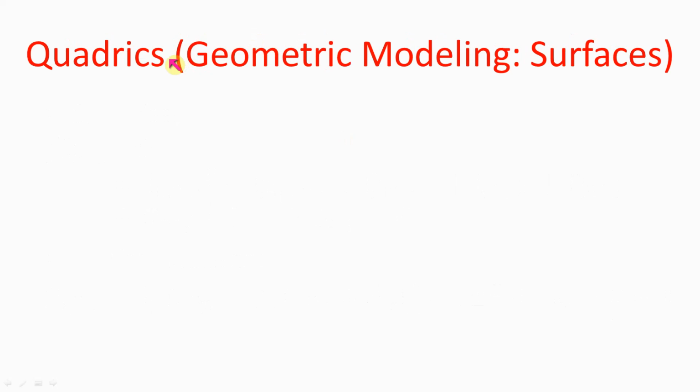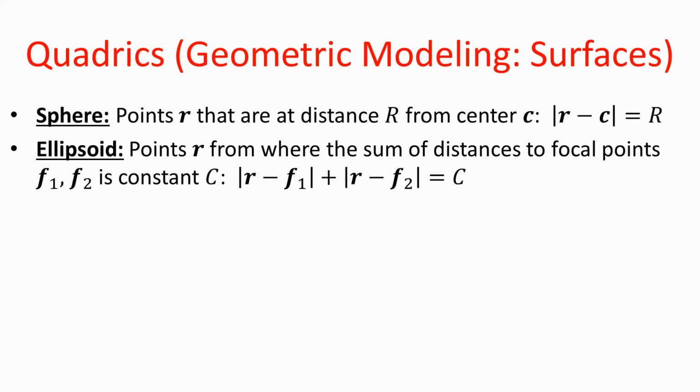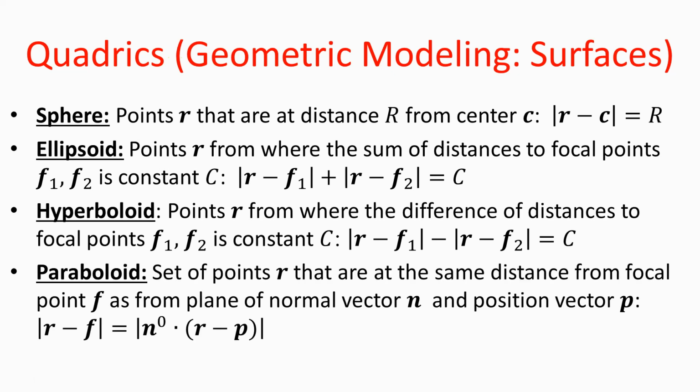We studied quadrics in surface modeling, so we know that if we take the geometric definition of the sphere, ellipsoid, hyperboloid, paraboloid, these geometric definitions can always be translated to a quadratic equation. So all these geometric objects belong to the category of quadrics.